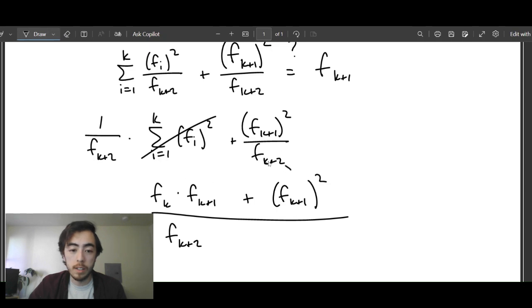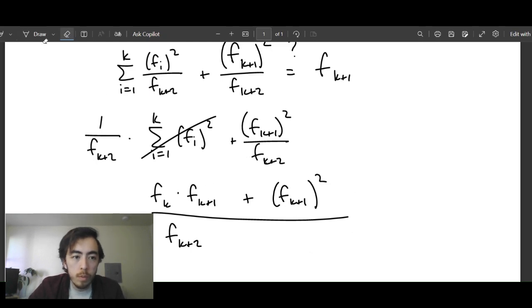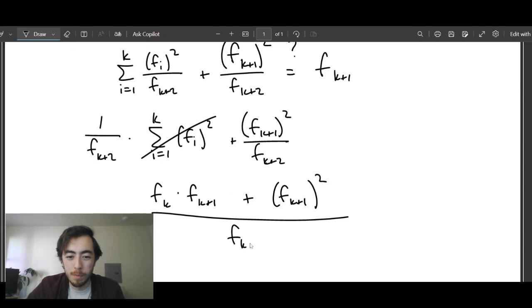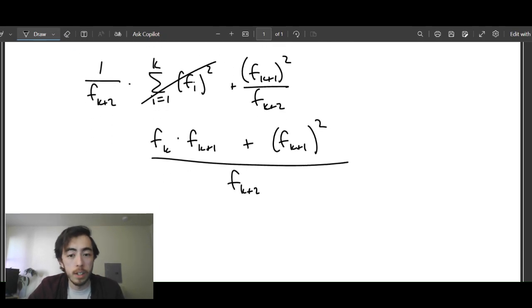And still, I somehow need to show or argue why this fraction is just the same as that. What could I do? I want to center this number just so it looks a bit more in the middle. And okay, I have a shared factor here, right? I have an f sub k plus 1 in this term and that term.